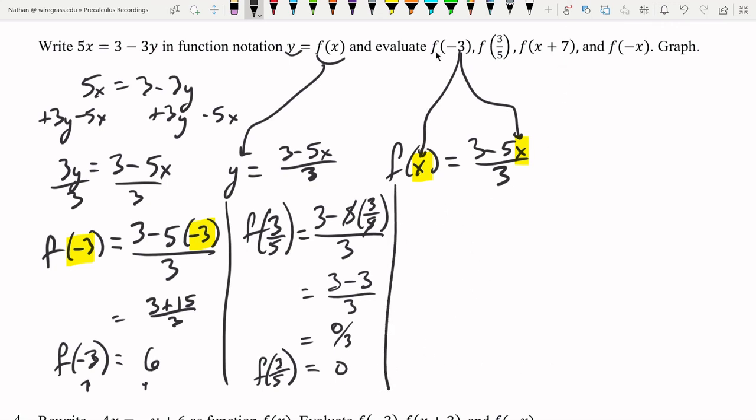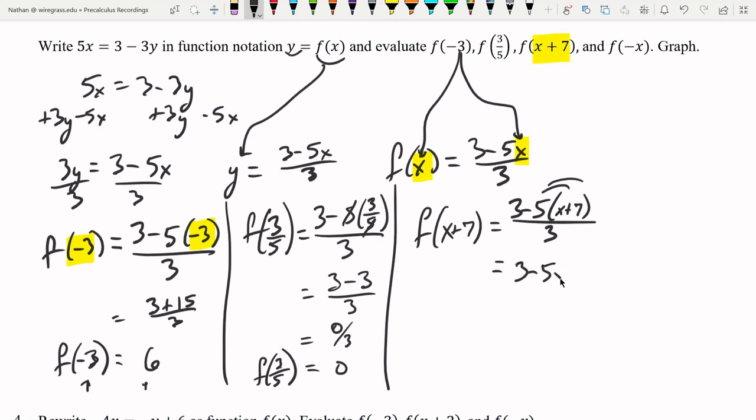Okay, here we're plugging in an expression. That means typically you're going to get an expression out. So plug in x plus 7. Our input is right here. So we're going to go 3 minus 5 times the input, which is x plus 7. And the best we can do here is expand this thing. This is just an expression that we have to combine like terms for.